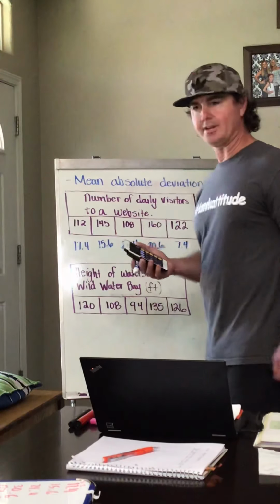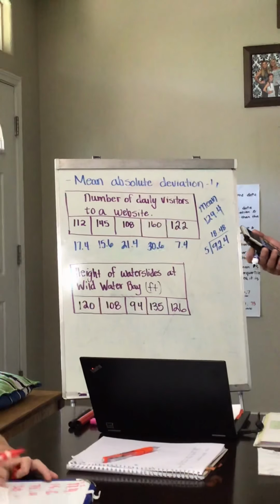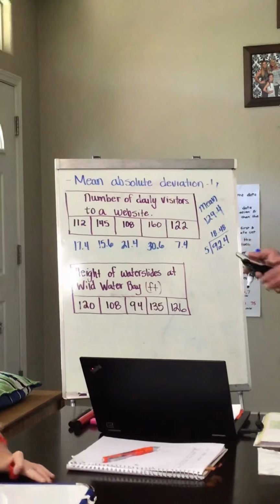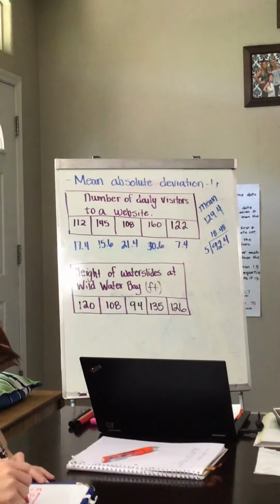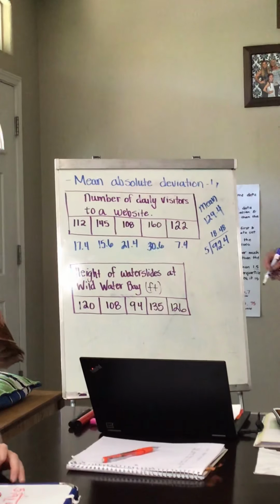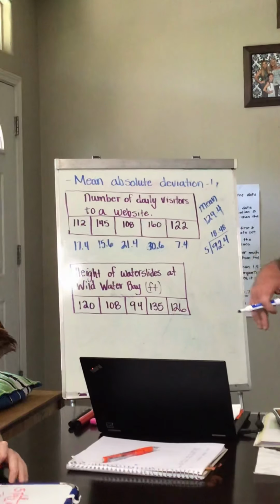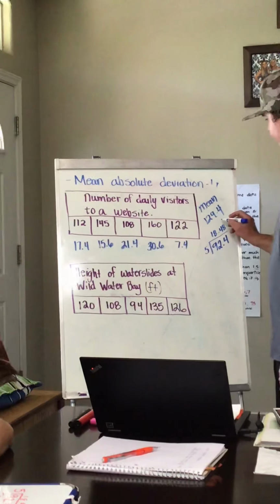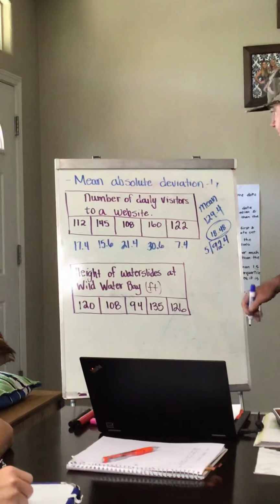Good. Now what are you going to do, Dalt? You added them all up, now what? Now you divide by 5. Yeah. Okay, hopefully at home you're doing this on your whiteboard. You can use a calculator, either way. Hopefully your total is right there.